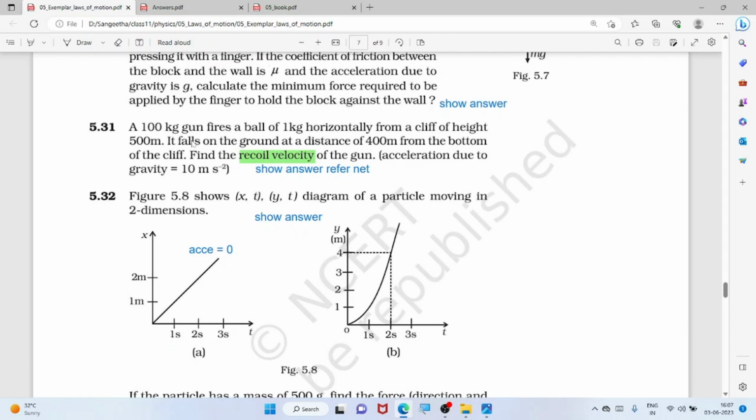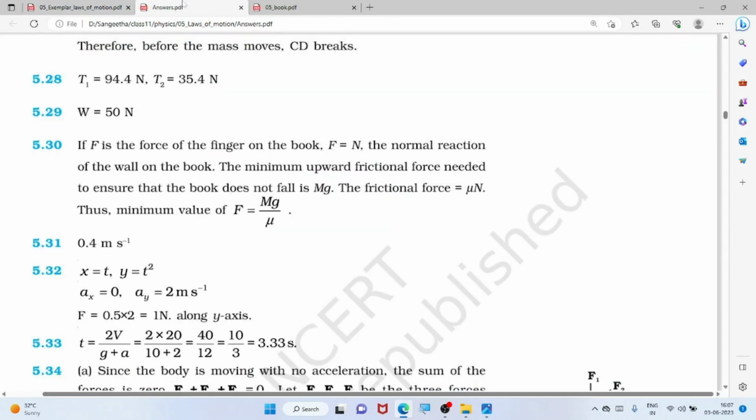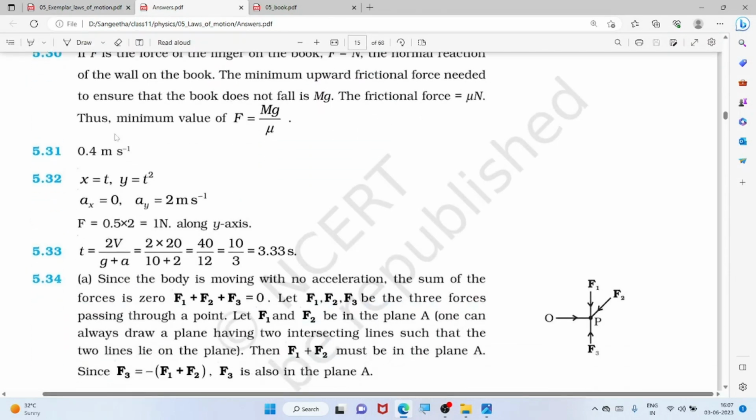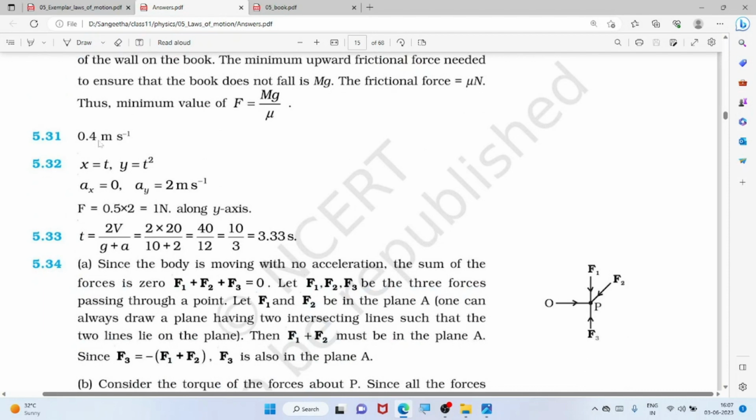A 100-gram gun fires this much, find the recoil velocity, that is the back velocity. So the answer is 5.31. This is what they have given. You can also refer to the net for the details.